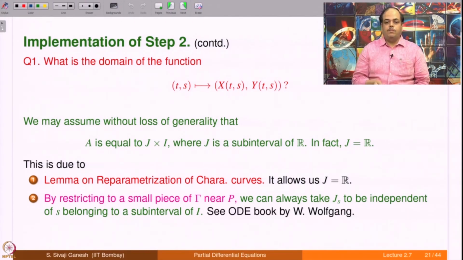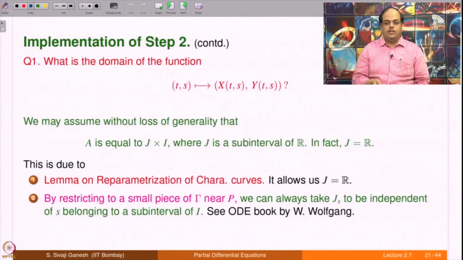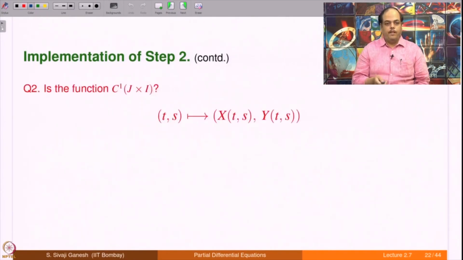So, see the ODE book by Wolfgang. In fact, this book is a good book, we will be referring to it at least once more in this lecture. Okay, done. So, the domain is R cross I, fine, or R cross some subinterval of I if you follow Wolfgang's approach. If you follow our approach, it is R cross I.